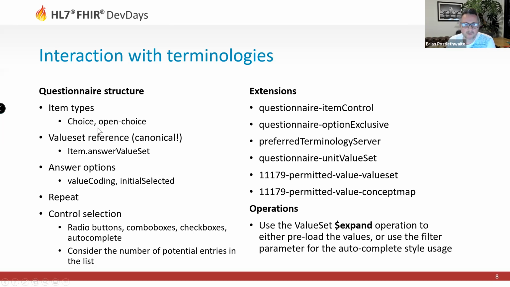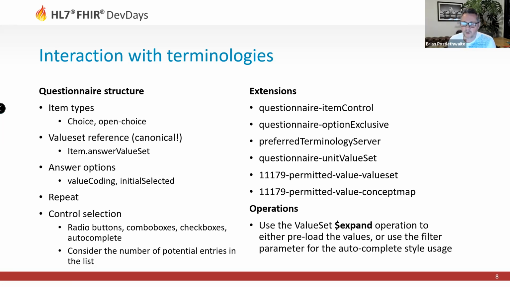When we have those terminologies, we can either select them as pure options via the answer options on the question. If I want to share them, so if I've got 12 questions on the same form that all have the same set of options, I can put a contained value set within the questionnaire definition and just reference that, so I don't need to duplicate those 12 questions everywhere.